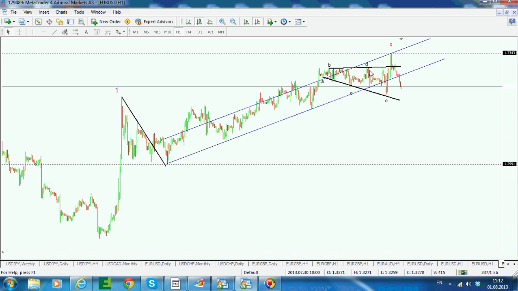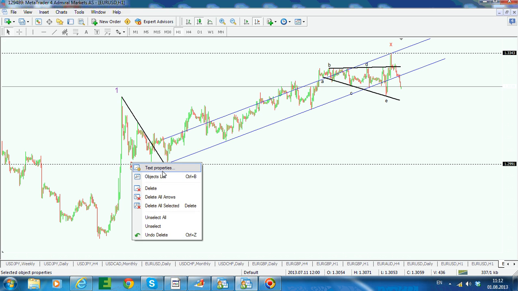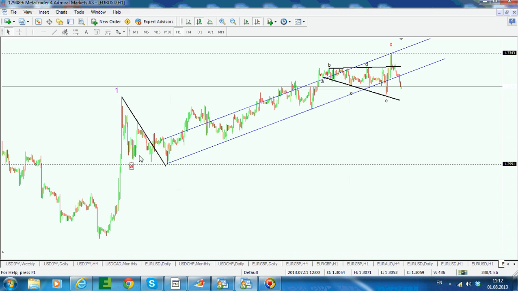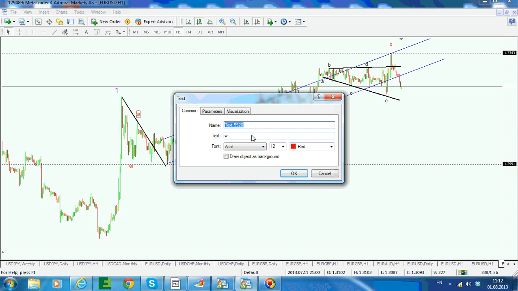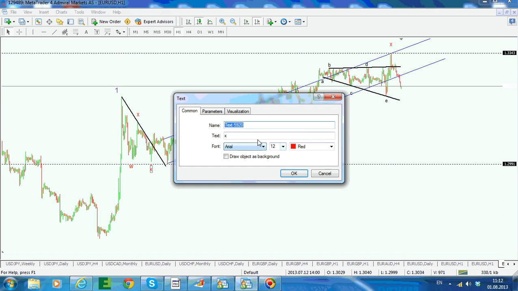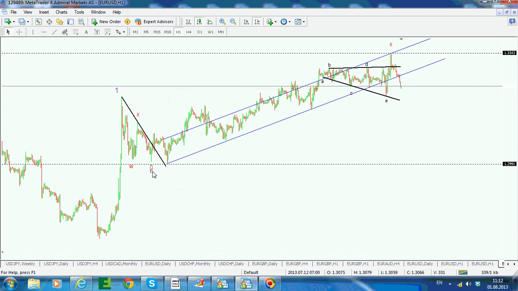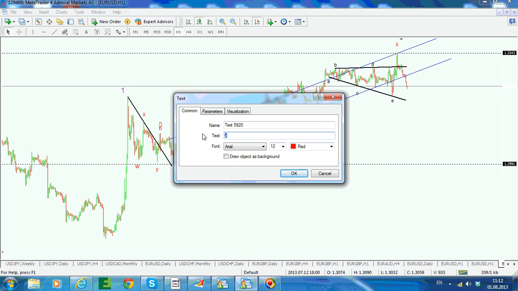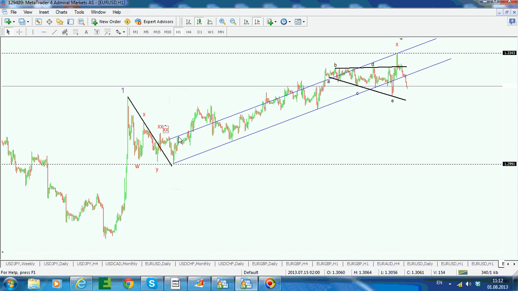So 1, and then the X wave, and here I will label these only as waves of this degree, like W, X, Y, then XX, and then the Z wave.